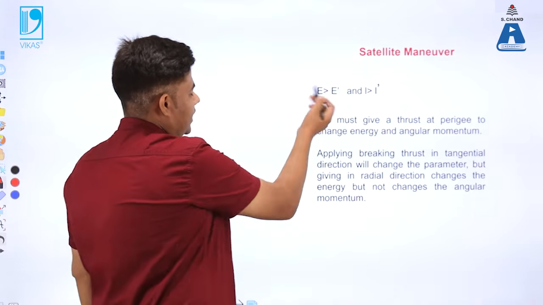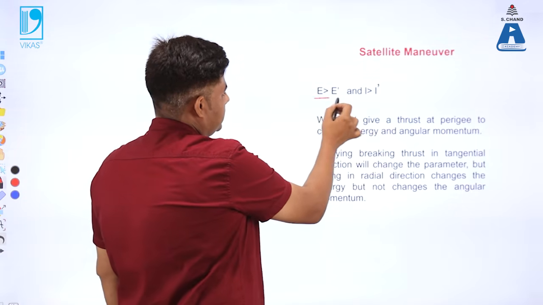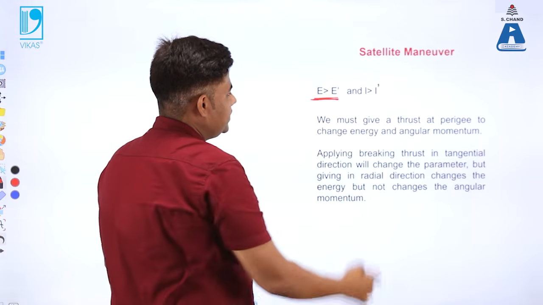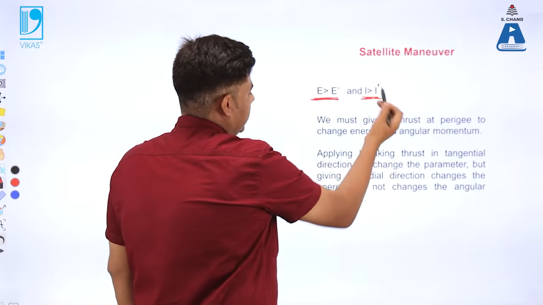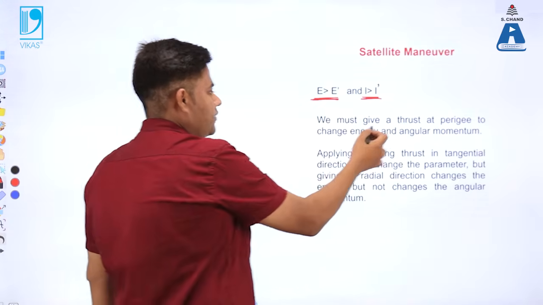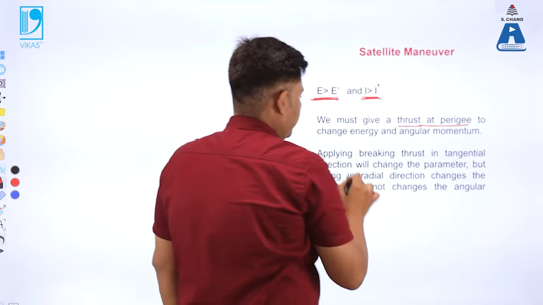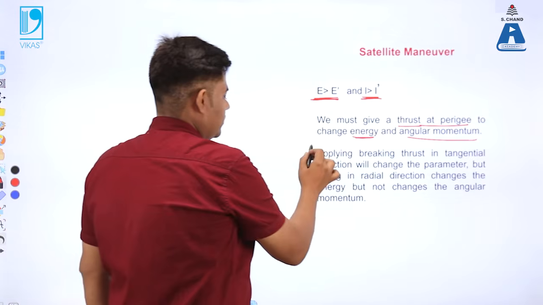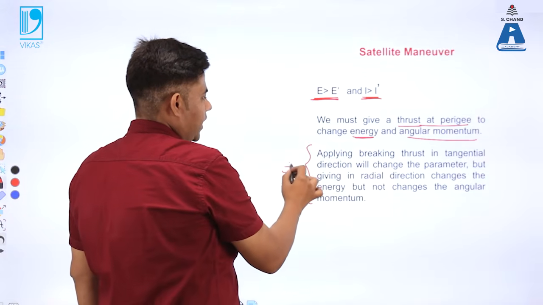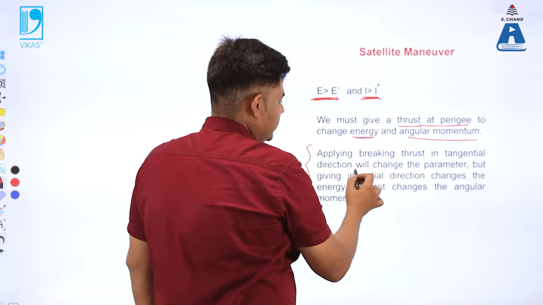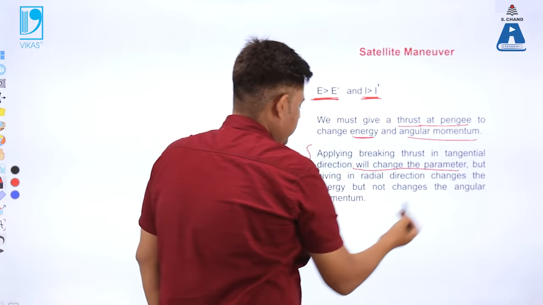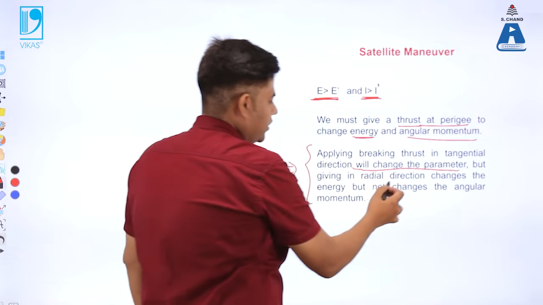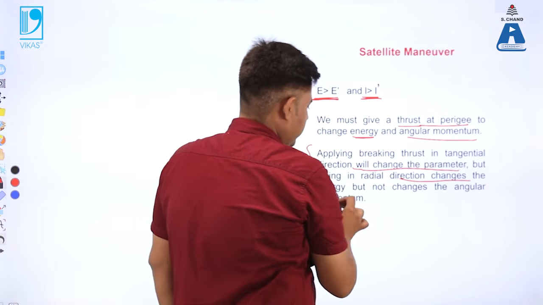So here, as far as this expression is concerned, E is greater than E dash and this L is greater than L dash. So we must give a thrust at the perigee so as to change energy and angular momentum. So what is to be done? By applying the braking thrust in the tangential direction, it will change the parameters, and it will also give the radial directional changes to the energy.